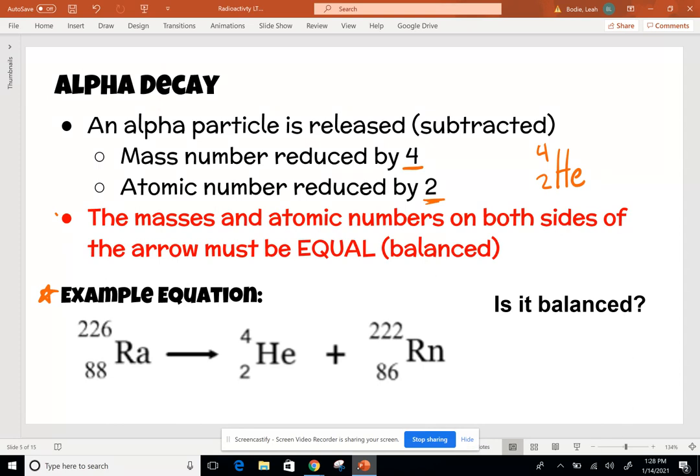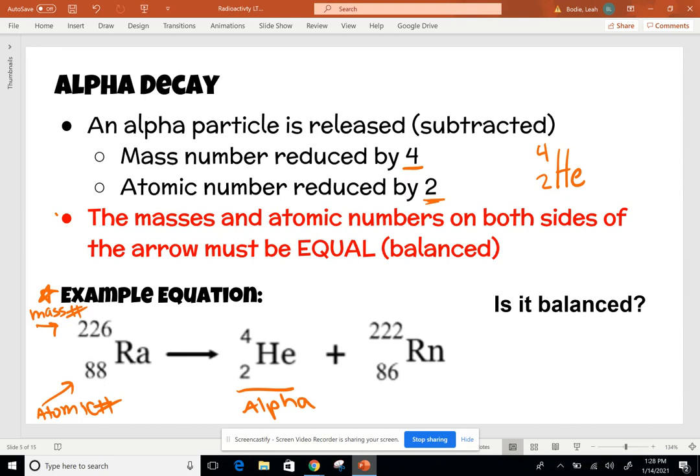And so remember, this is our mass number right here. And this right here would be our atomic number. And so what radium-226 is about to do is it's about to undergo alpha decay. And so we can see our alpha particle there.